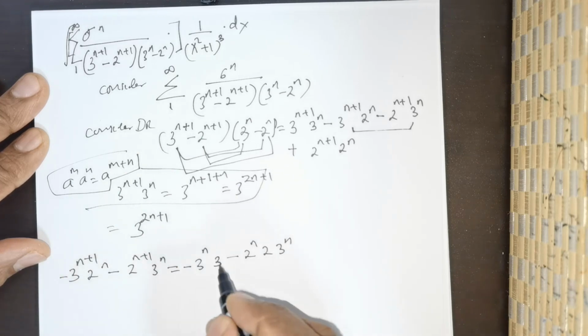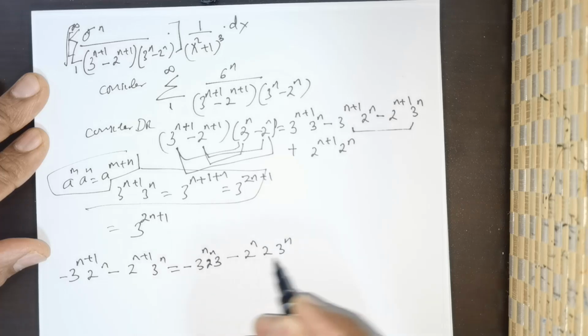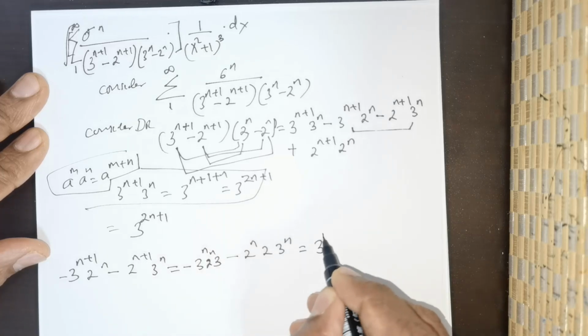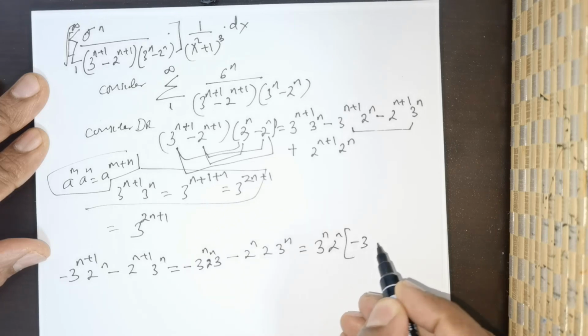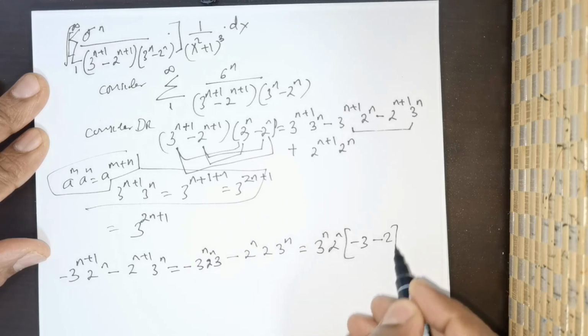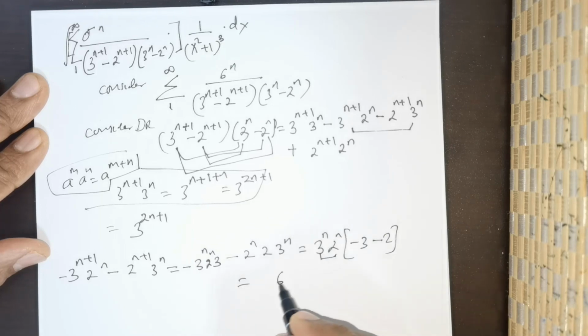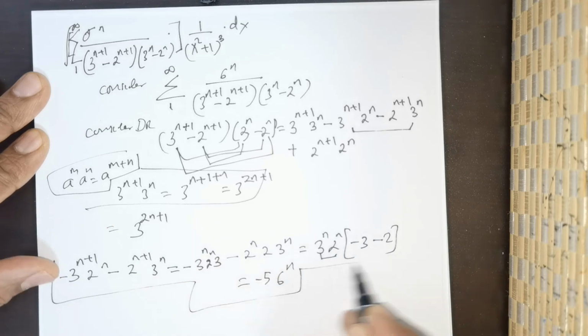Of course there is a 2^n there, so let me write that over here. Now if you were to take 3^n and 2^n common out, this is going to be negative 3 followed by a negative 2, which is going to be 3 times 2 is 6^n multiplied with negative 5. So this is what you have got.